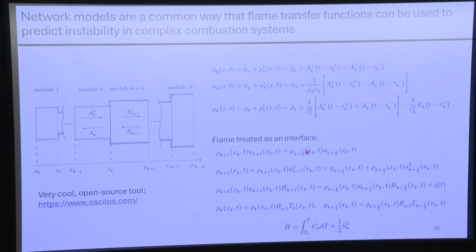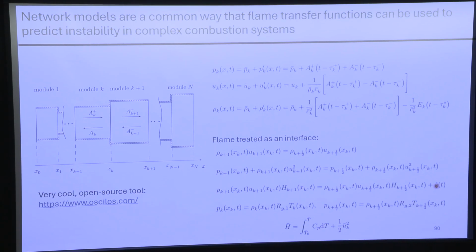So this is mass conservation, this is momentum conservation, this is energy conservation, and then you've got your equations of state and your definition of enthalpy. So I guess it's technically enthalpy conservation, but whatever, it's the same basic idea. And you can see that in the energy conservation equation, there can be a source term. And what you do with your transfer function is you model this source term with your transfer function, right?